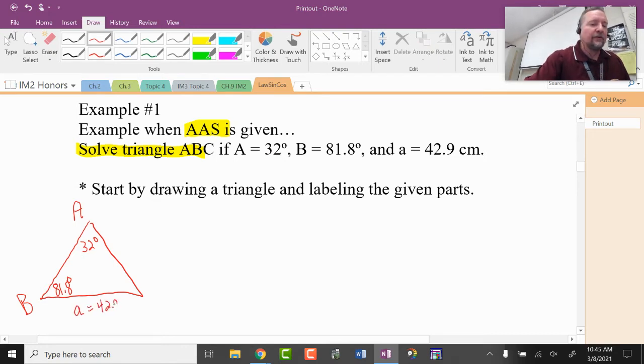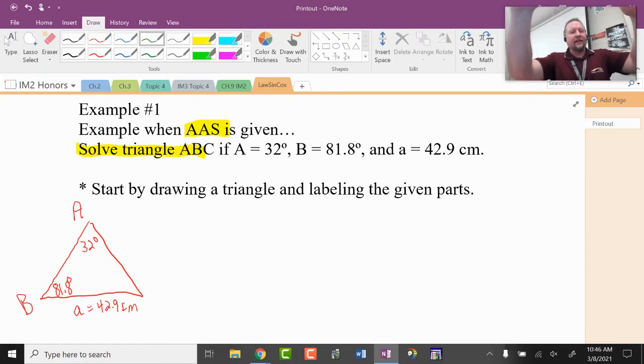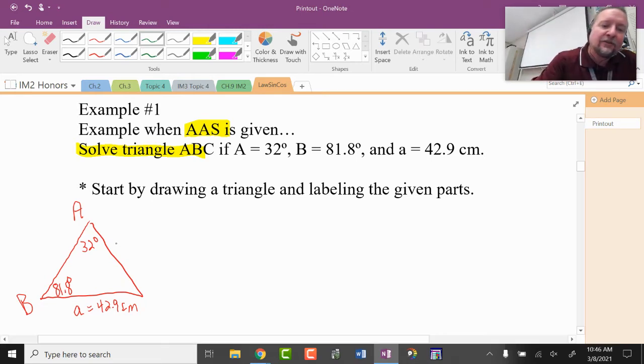I shouldn't have to over-explain that. If you put angle A in the bottom right corner, then your side A would have to be over here. So my triangles all look the same. They just need to identify who's where. Right? Again, an over-explanation because got a lot of things going on out there. Got 75% of us doing awesome. Just got to make sure we're really clear on what's going on here.